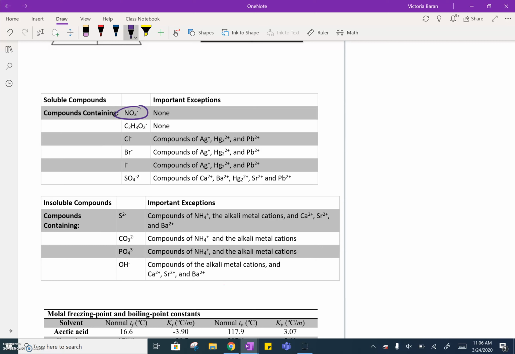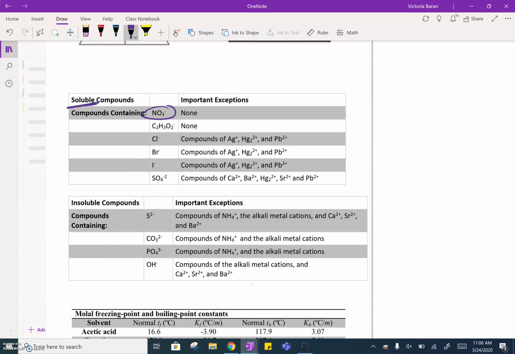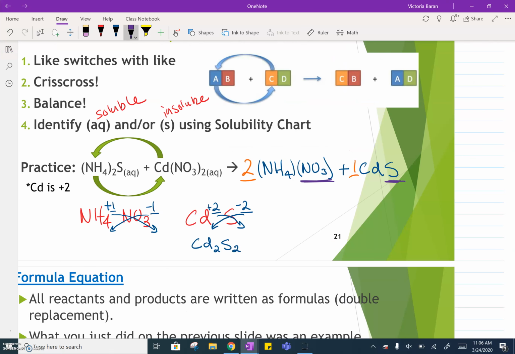So NO3 is right here. There are no exceptions for it. And this is going to be soluble. So that means that for this subscript, I'm going to write aq for aqueous, okay? Again, NO3, if you ever see that in a compound, it is always aqueous.